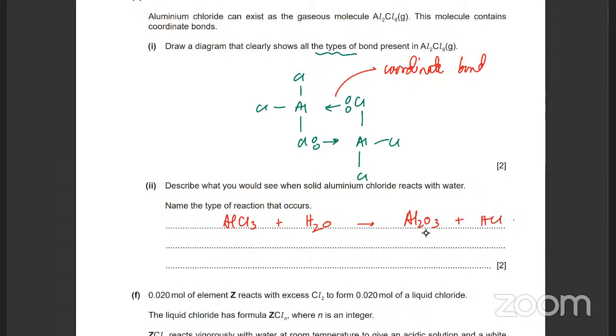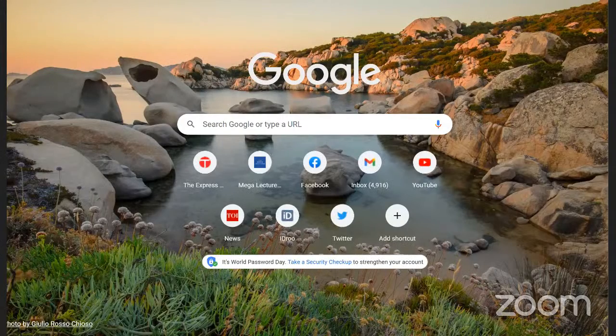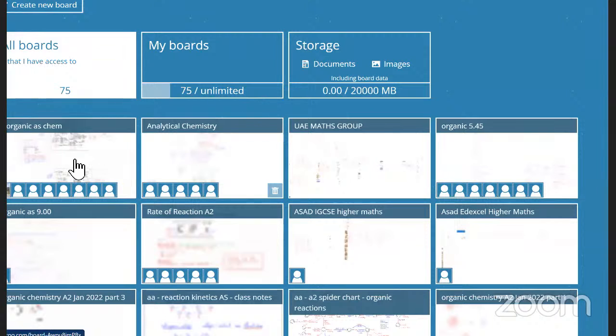But remember, the mark scheme is looking for the detailed one, which I did send you the notes for. I'll show it here. What's the detailed reaction? Does anyone know what the detailed reaction is? It's a 2-step reaction.